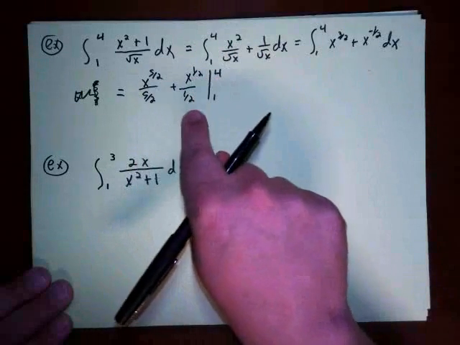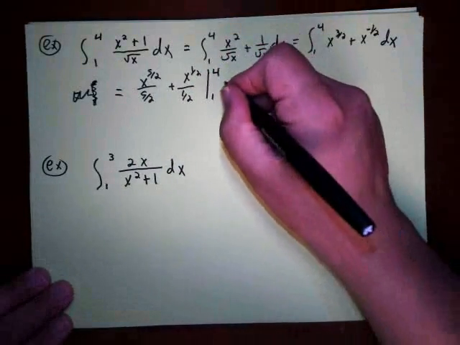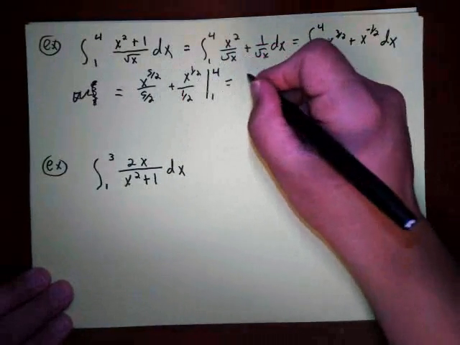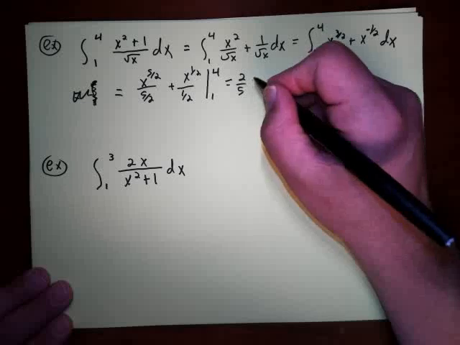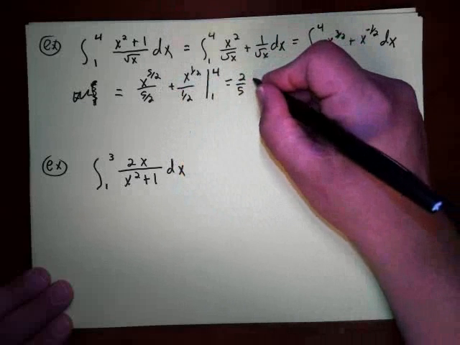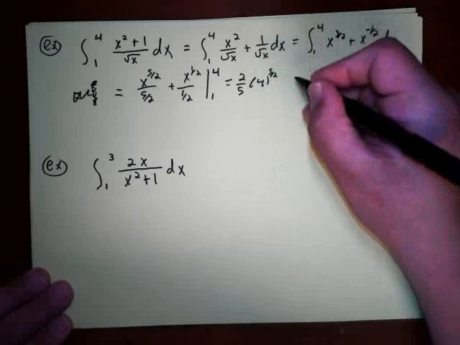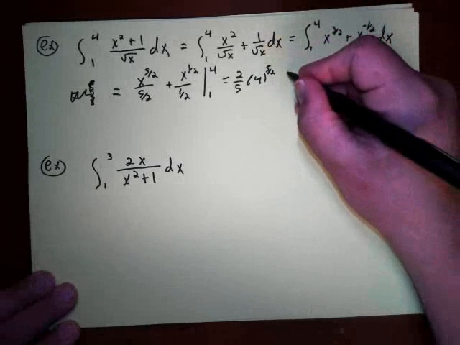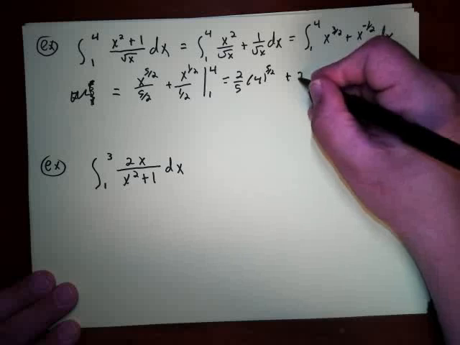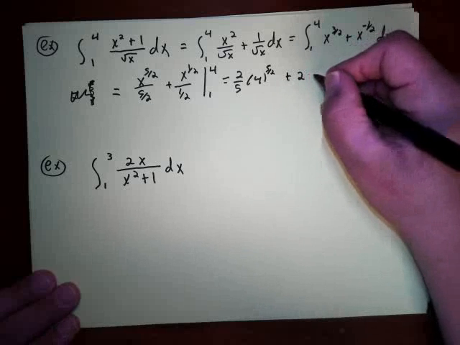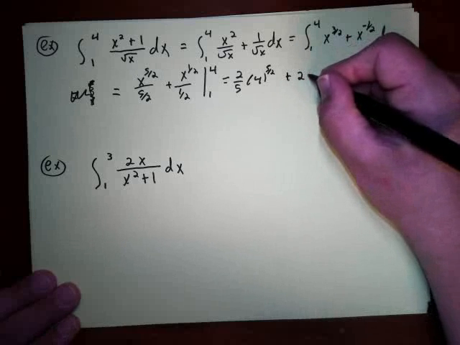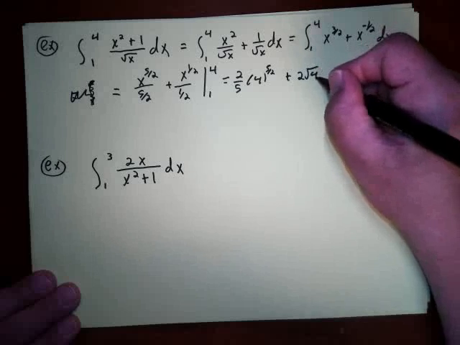So I'm using that notation there, and so this will be 2/5, and then I'm going to plug in 4 here. So this will be 4 to the 5/2 plus 2 times 4 to the 1/2, or square root of 4.